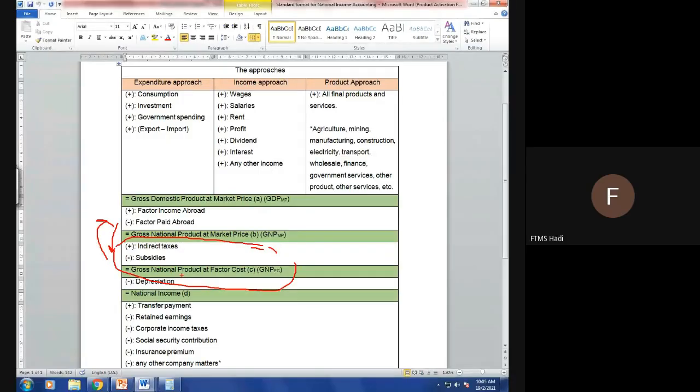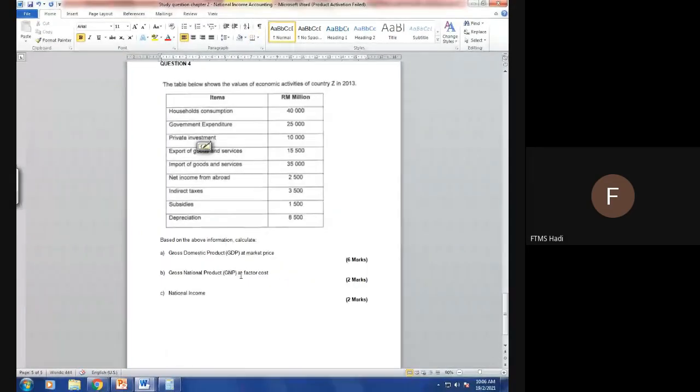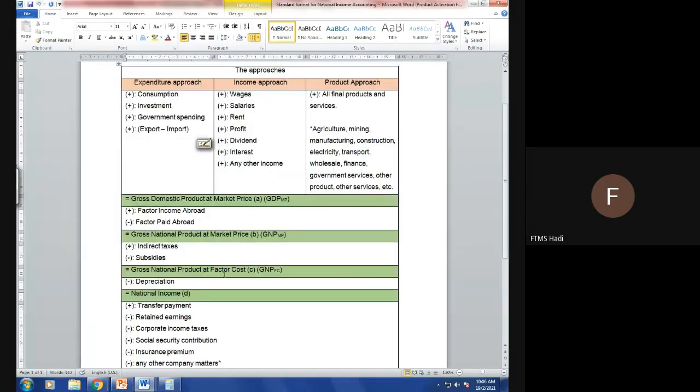If GNP at market price, you need to consider factor income received and paid. Since this one is GNP at factor cost, you need to follow the format. And this one is national income, so you need to calculate all four of these.